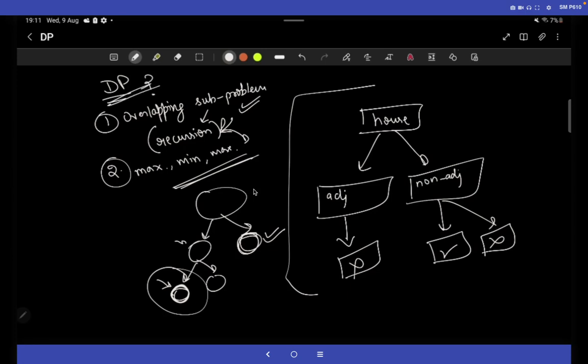DP helps us optimize the recursive solution. In this question, we have overlapping subproblems because for a house we have a choice: either we include it or we exclude it. Such choices tell us that we can use recursion. And the question already says we have to maximize the looted amount, so we can use DP in this case. Got it?